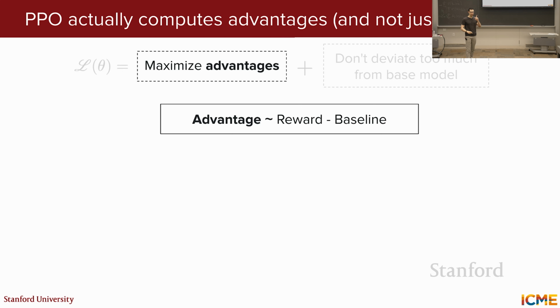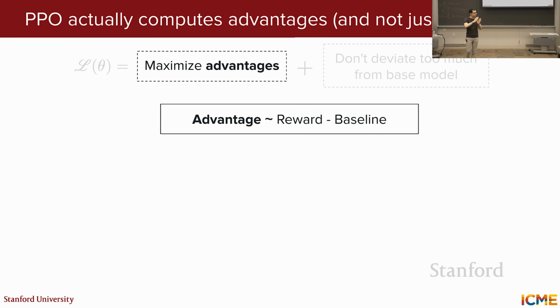Well, I've kind of lied a little bit to you: we don't want to maximize rewards. We actually want to maximize a quantity called advantage. So what is the advantage? You can think of the advantage as how much better your output is compared to what you would expect.